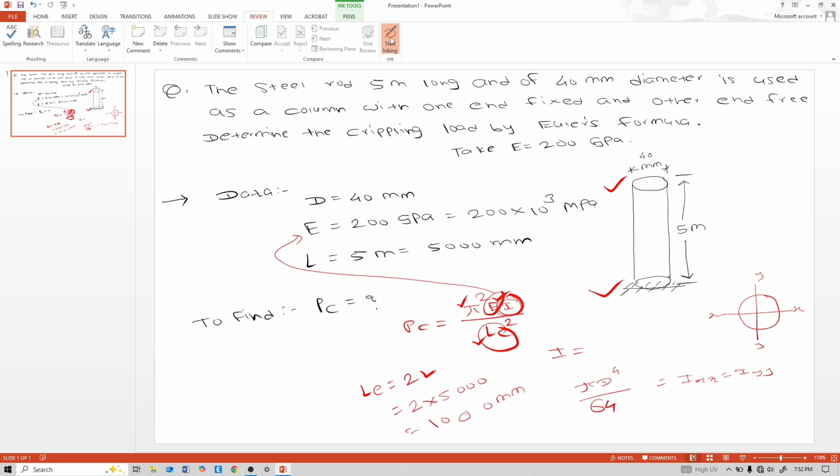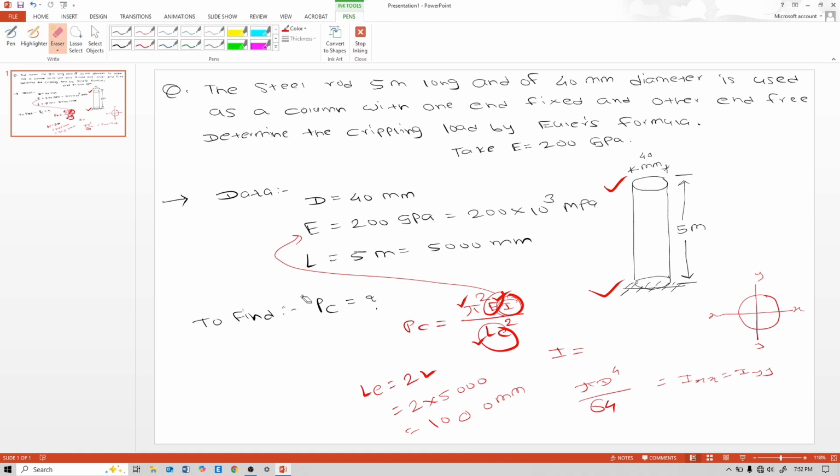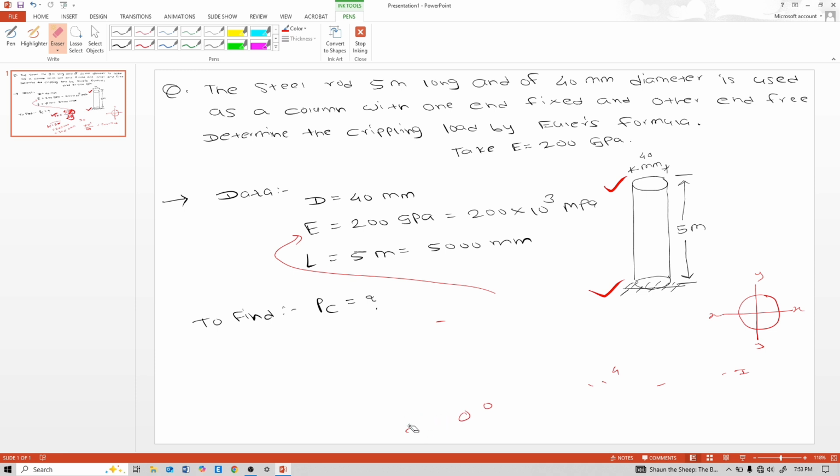In this way we will solve this numerical: put this LE and I in that equation, and we will get this PC, crippling load or buckling load. So first find the effective length LE.